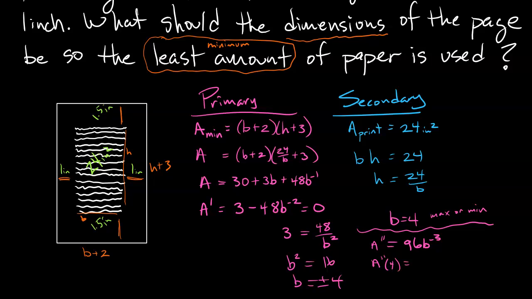I don't even care what number it is. It's positive. That means this is concave up, which means that 4 is a minimum. And now that I figured out 4 is a minimum, I know that my base should be 4.